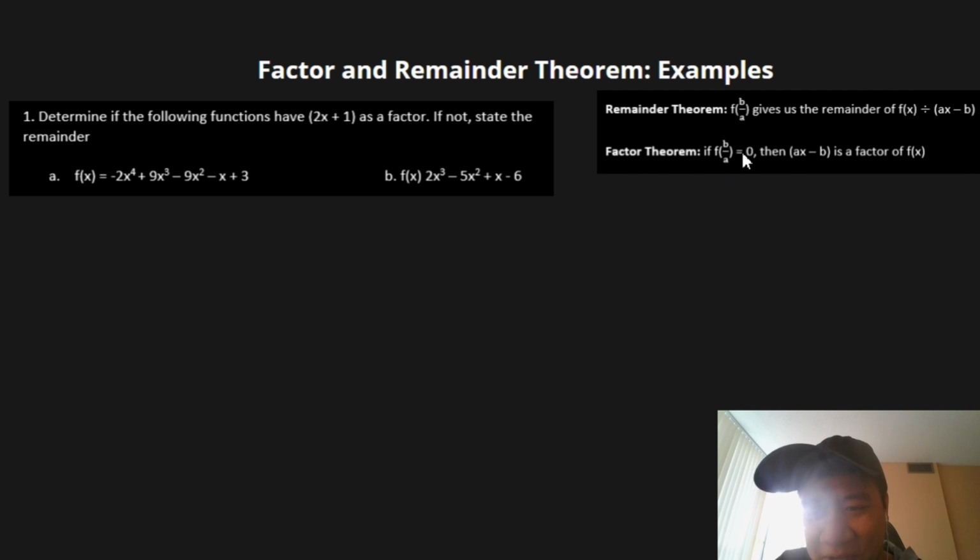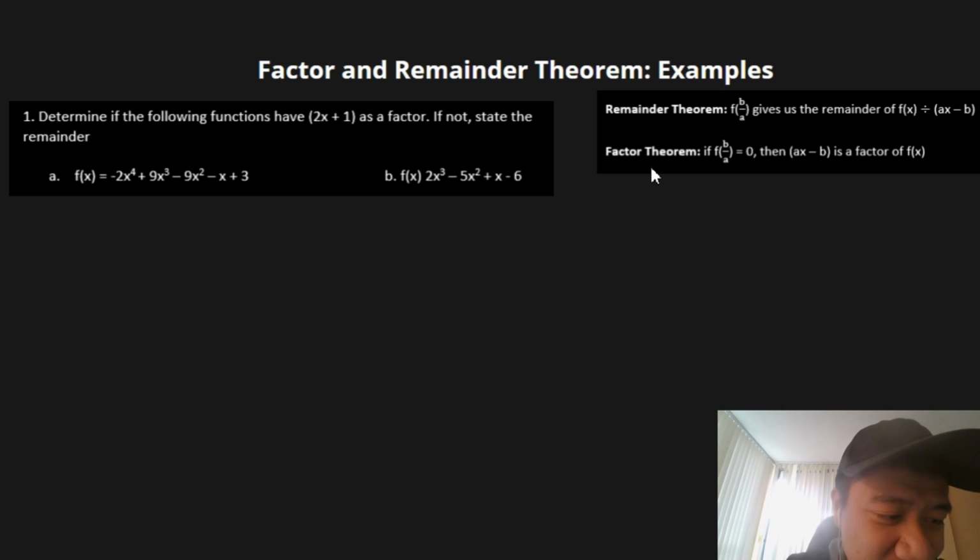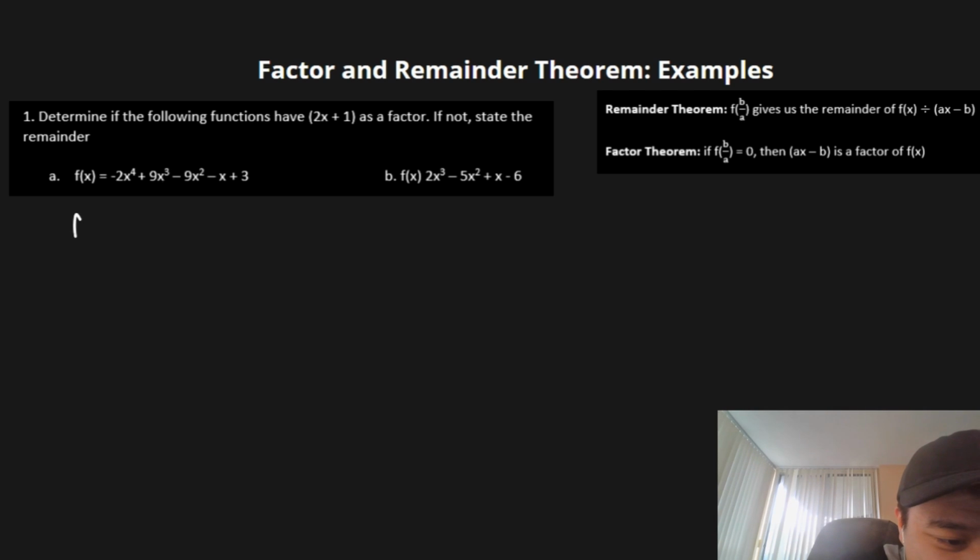If it equals 0, then it's a factor; if not, then it's not. So the corresponding number for 2x plus 1 is negative 1 over 2. Let's try subbing in negative 1 over 2 into our function.